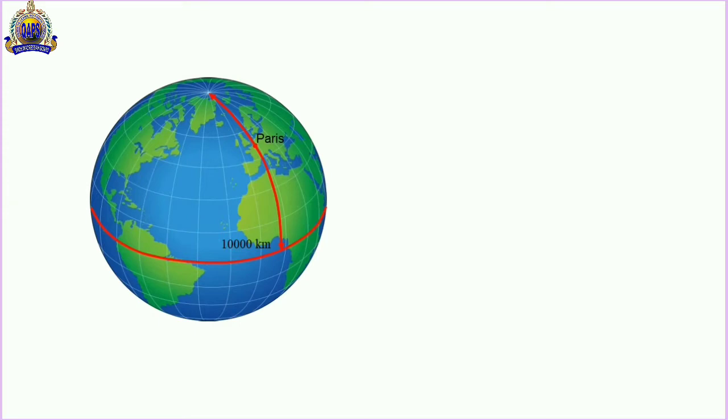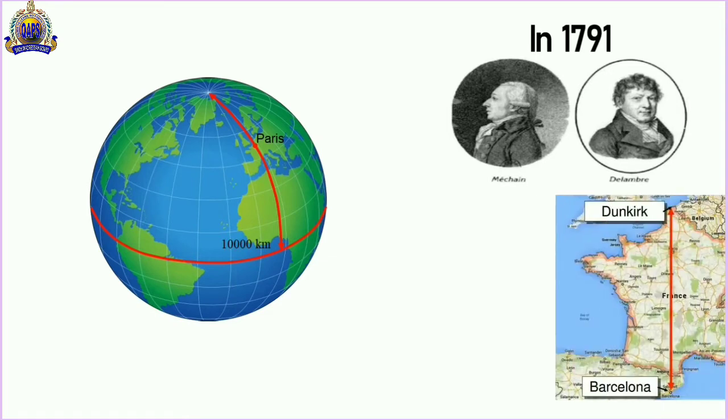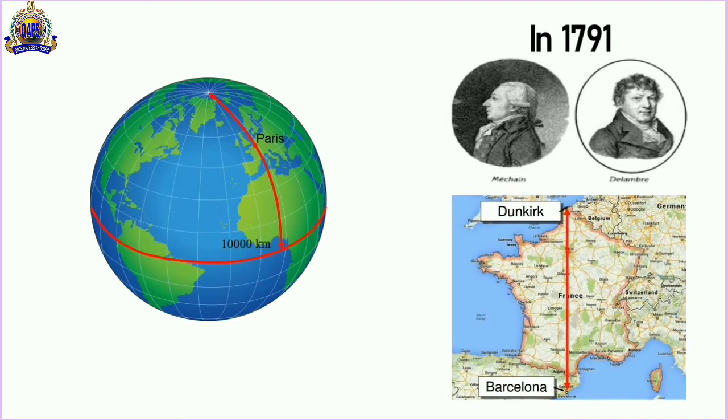Then there was another concept given for the meter: the distance from the equator to the North Pole, going through Paris, should be divided by 10 million, and this would be counted as 1 meter.